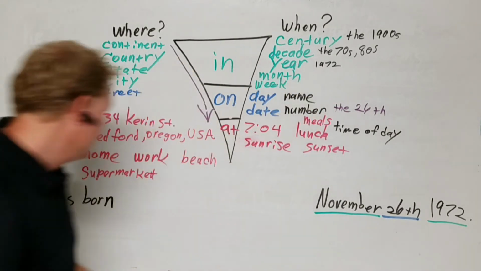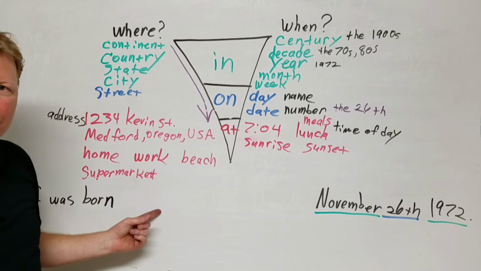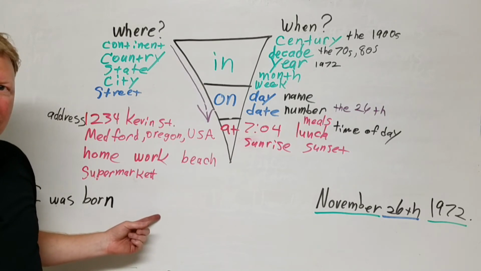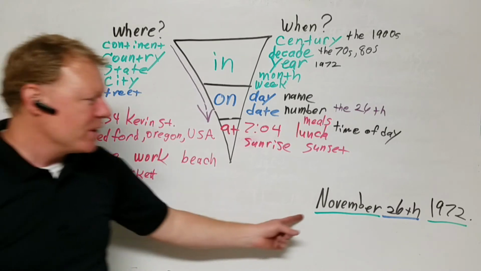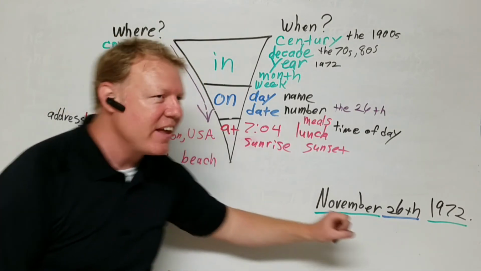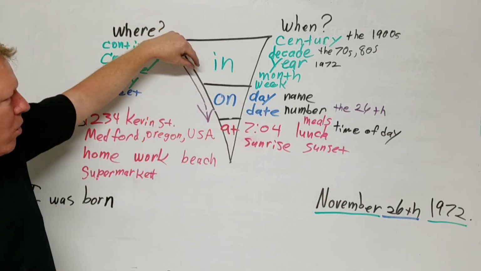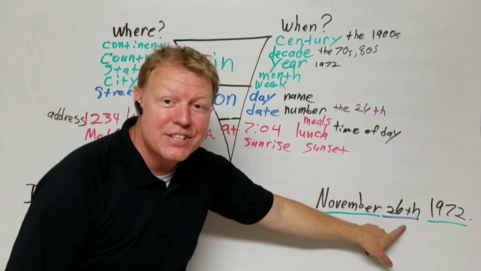So I was born, November. November's an in. Do I say I was born in November 26, 1972? No. November is the next word. However, there is still an on in there. So we drop the marble. Is there an in? Yes, there's an in. Okay, so is there an on? Yes, there is an on.